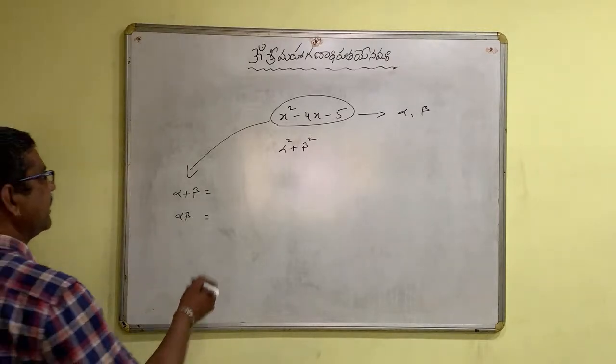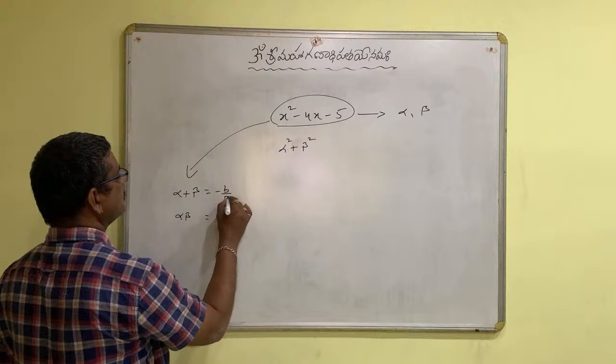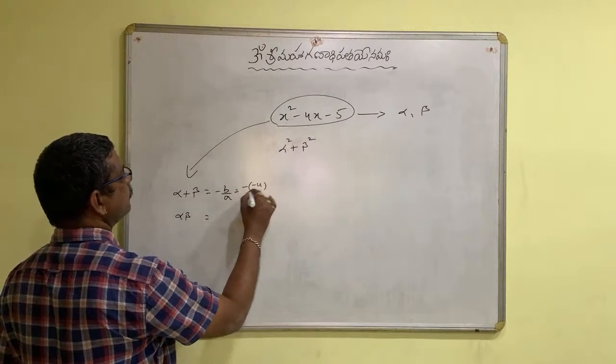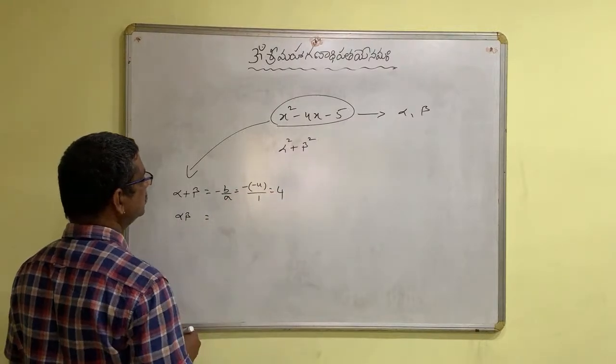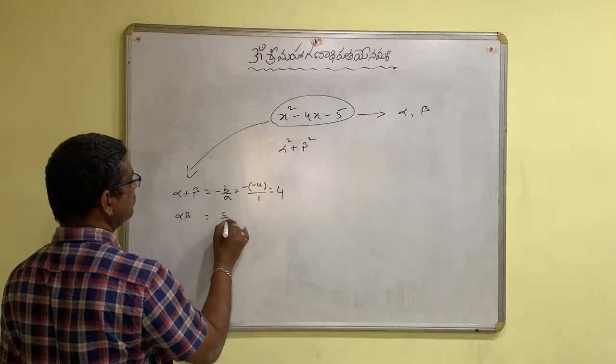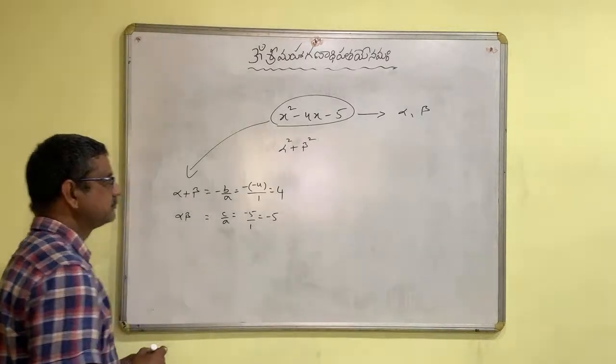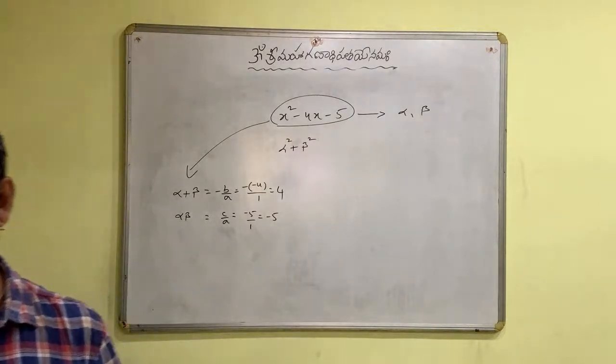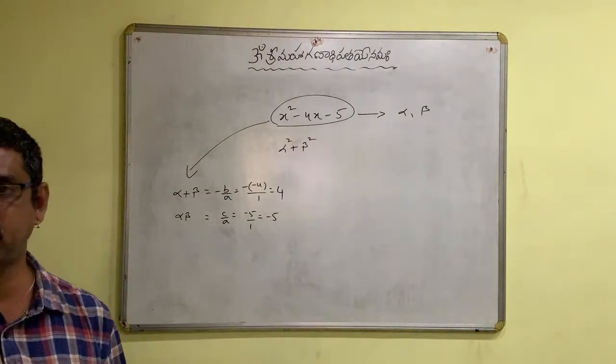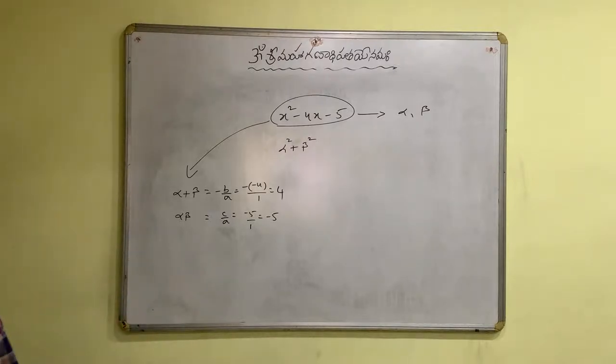Minus b by a, which is minus of minus 4 by 1, 4. Alpha beta, c by a, is minus 5 by 1, negative 5. So we got the values alpha plus beta and alpha beta.